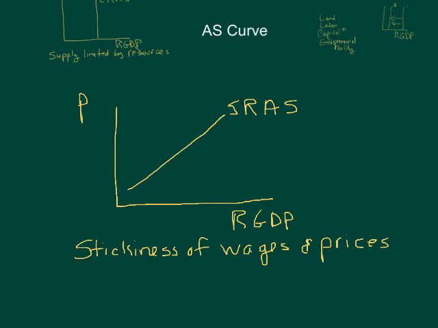So as a result, wages have eventually gone down for U.S. computer programmers, but it's taken a long time. So we say that wages and prices are sticky.